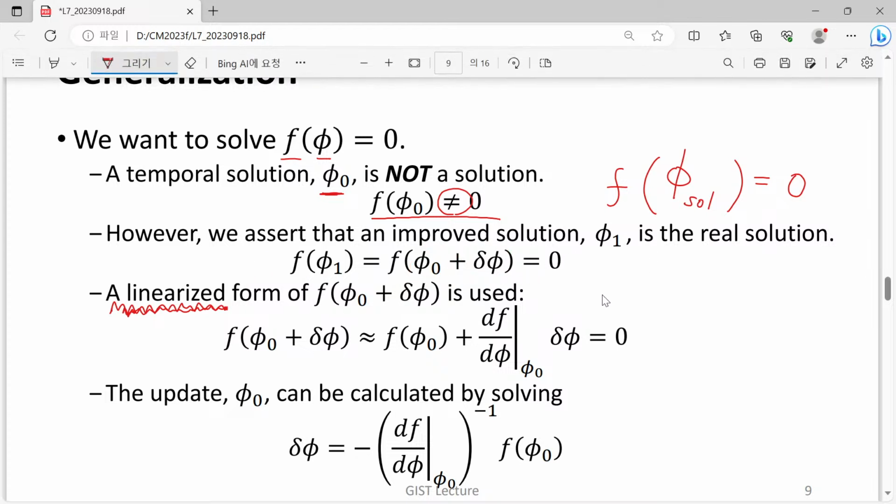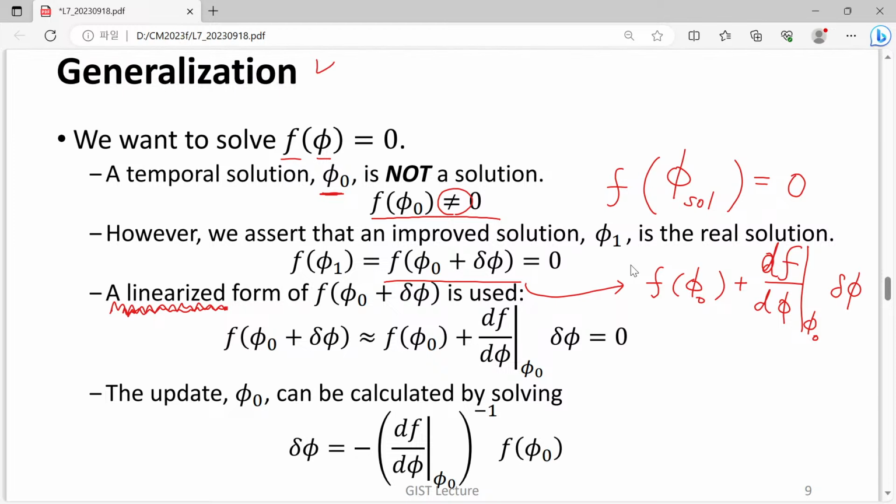So now this difficult nonlinear function f is approximated as just f evaluated at phi naught plus df over d phi evaluated at the current value phi naught times delta phi. So are you with me? This is just the first order Taylor expansion and linearization.